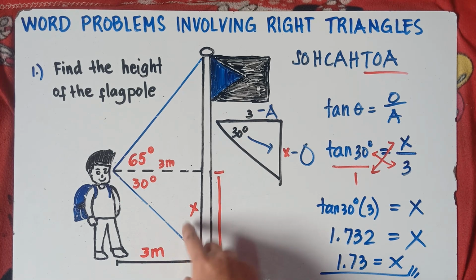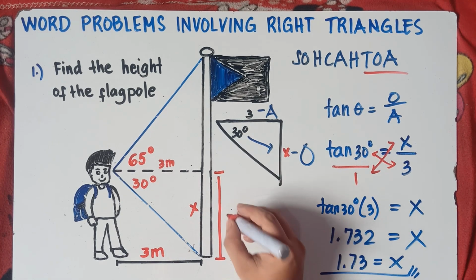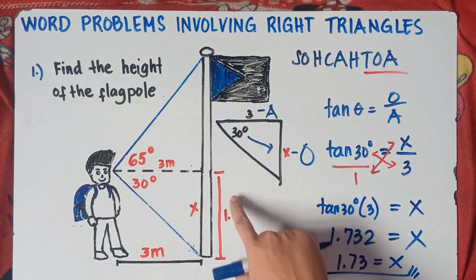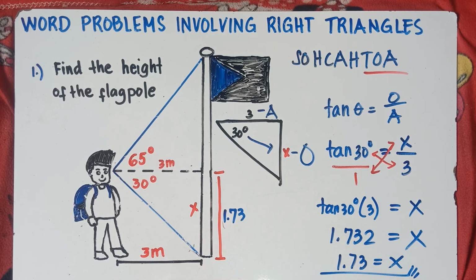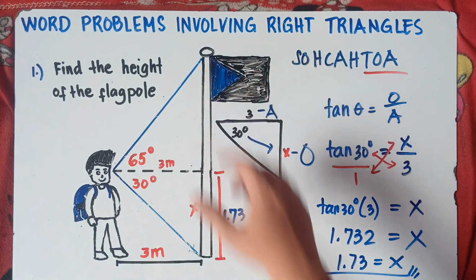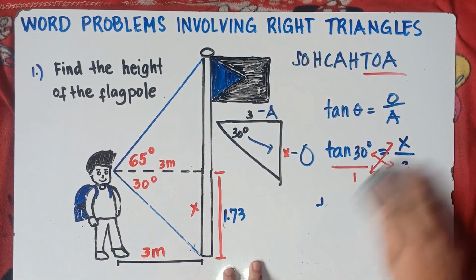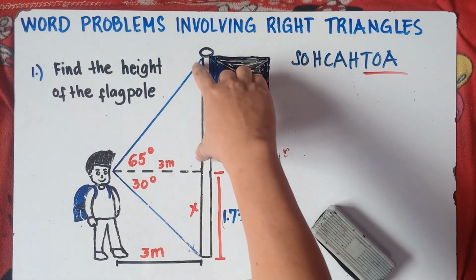That's the answer here for this length, 1.73. Let me just write it in blue, 1.73. Alright, so let me erase this one and let's find this other height. I hope you understand this one, class. We find this height first, and then we will be finding this other height.